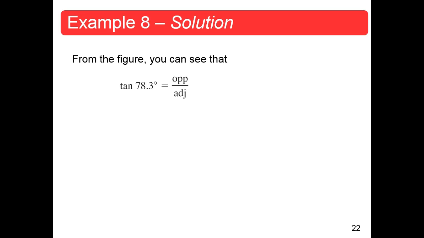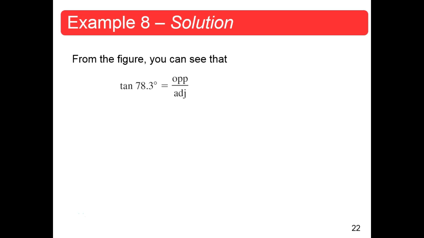Tangent is opposite over adjacent, Roman numeral 6. Cosecant is the reciprocal of sine, so hypotenuse over opposite, Roman numeral 2. Secant is the reciprocal of cosine, hypotenuse over adjacent, Roman numeral 1, and cotangent is the reciprocal of tangent, so adjacent over opposite, and that would be Roman numeral 2.